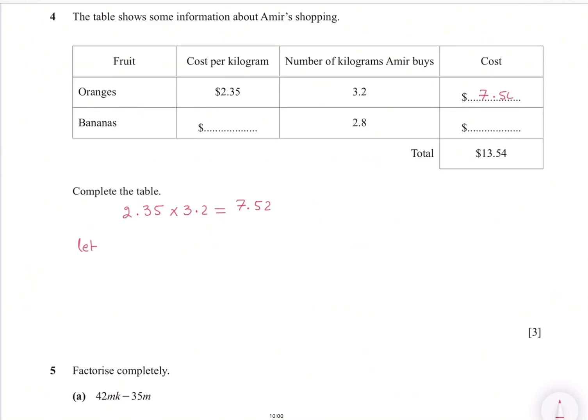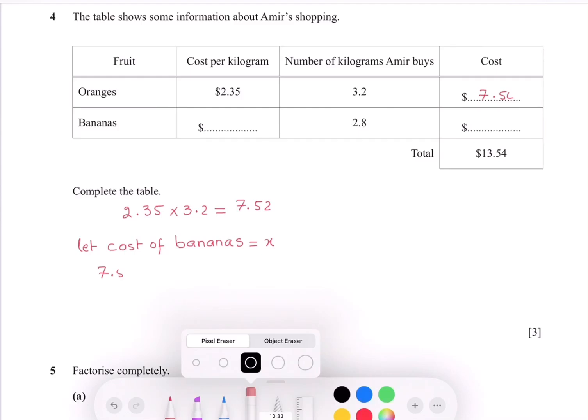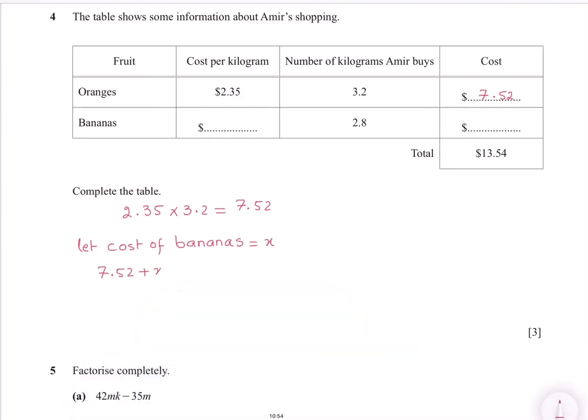In the cost column we have two values, 7.52 and 13.54, and one is missing. So let the cost of banana equal x. So 7.52 plus x is equal to 13.54.